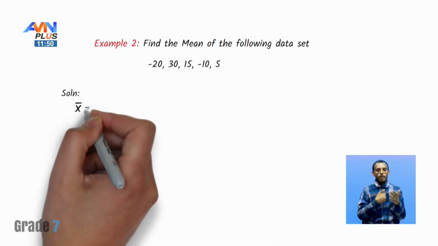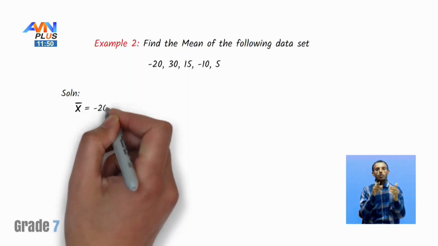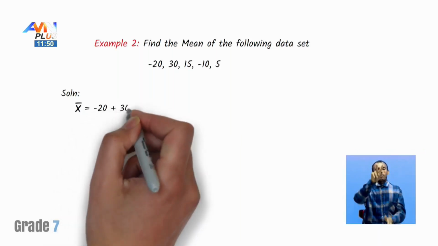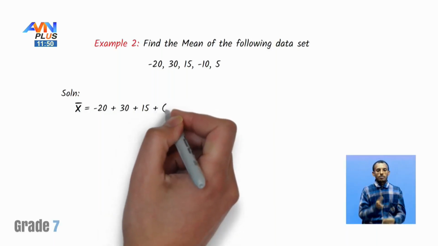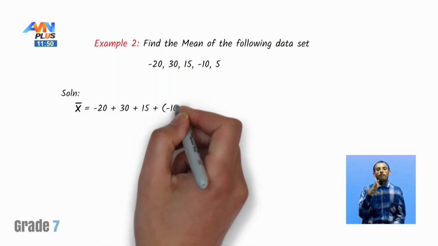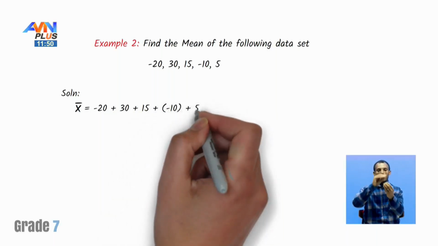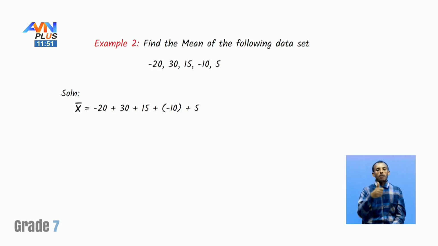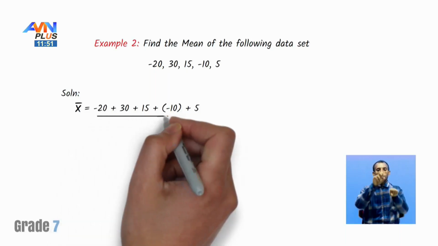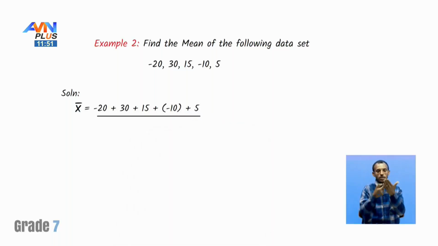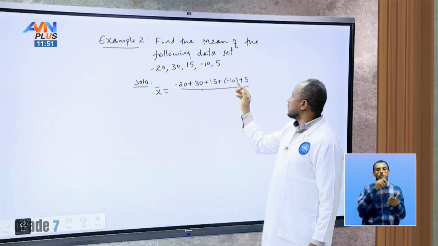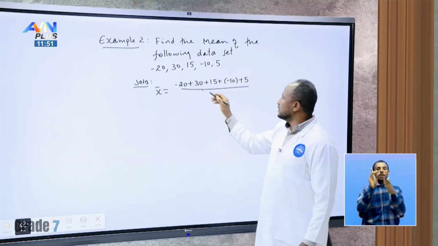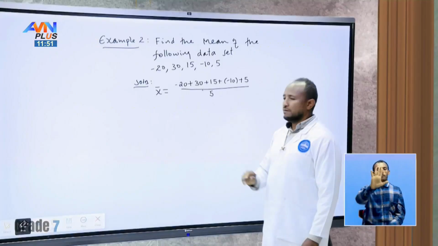So mean is equal to, you add this, it is negative 20 plus 30 plus 15 plus negative 10 plus 5. So you add this data set and you divide by the number of data. Here you have 1, 2, 3, 4, 5 data. So you divide this by 5.